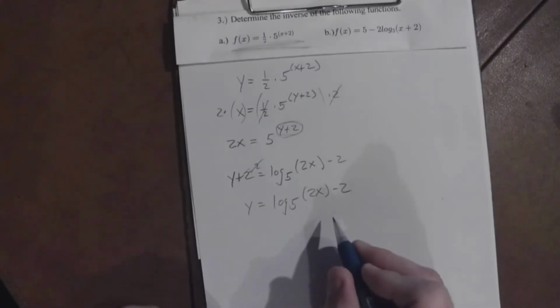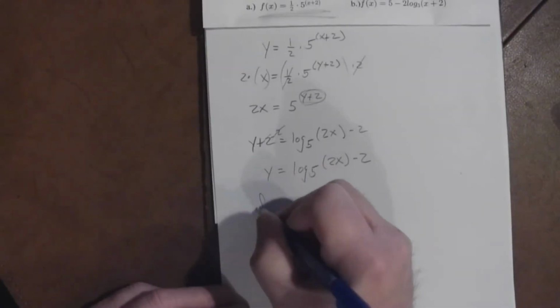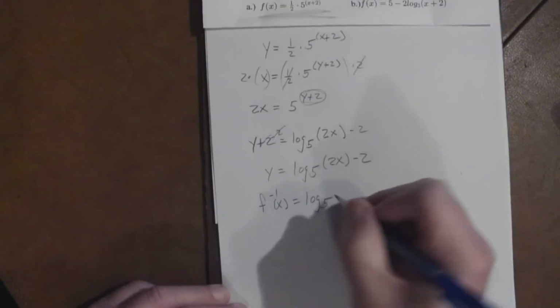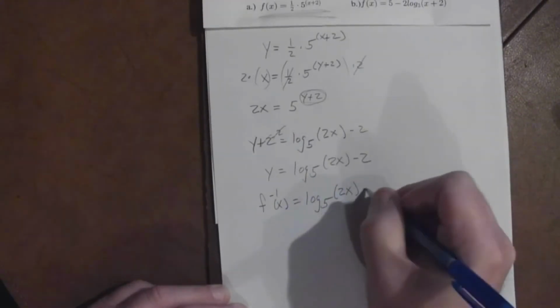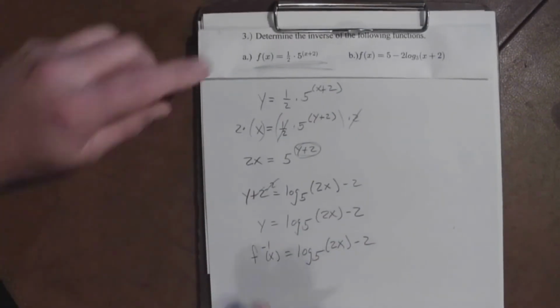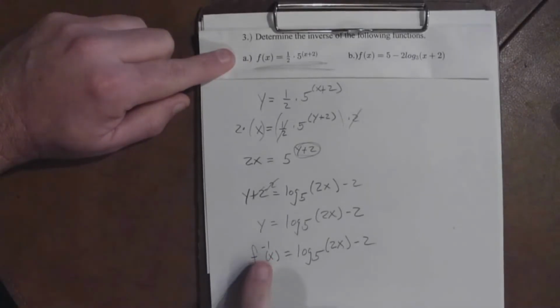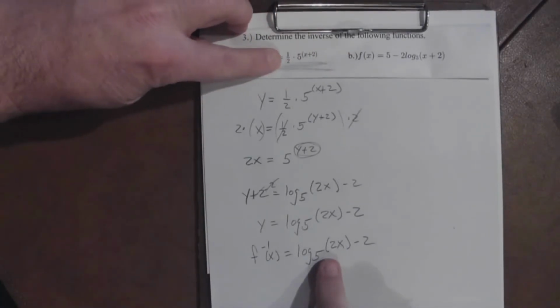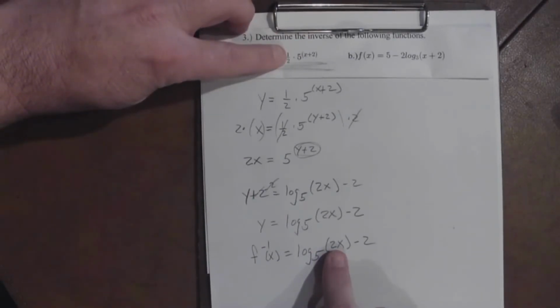Right? And what is this? Since we have solved for y, that is our inverse function. In this case, again, the inverse of an exponential, right? The inverse of this exponential is this logarithmic statement. Right? And notice we should start to see inverse behavior here, right? What's the inverse of multiplying by 2? Dividing by it.